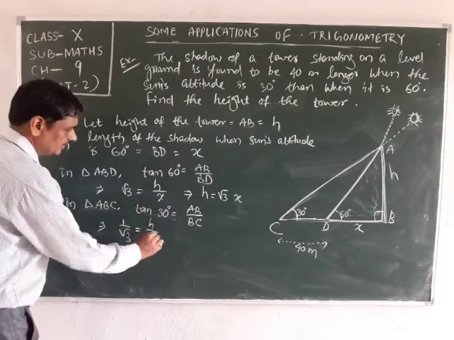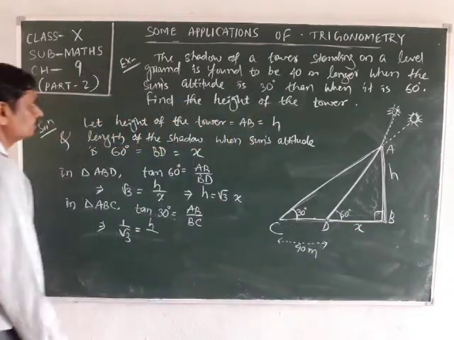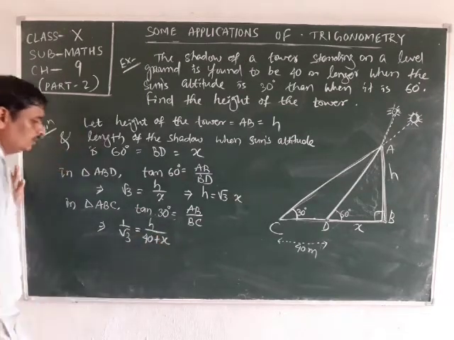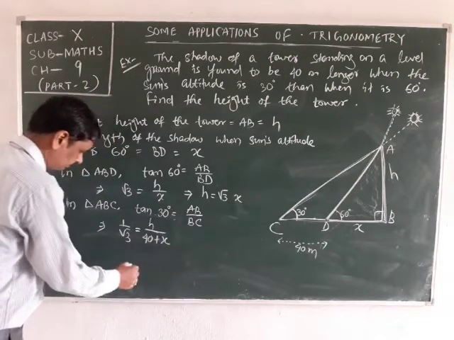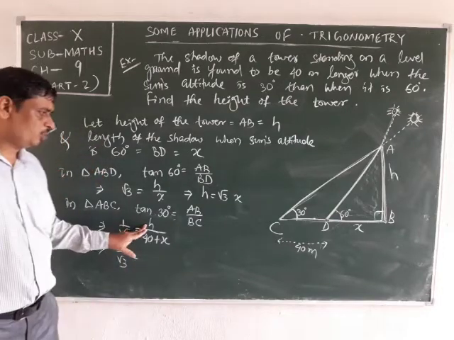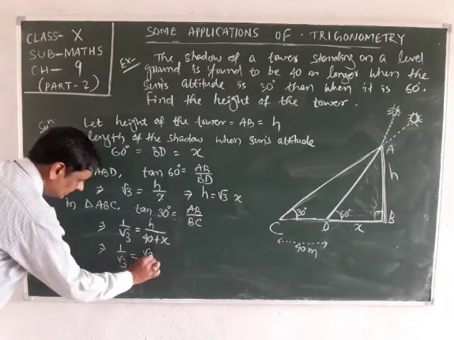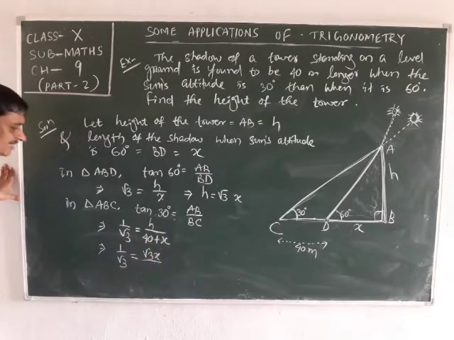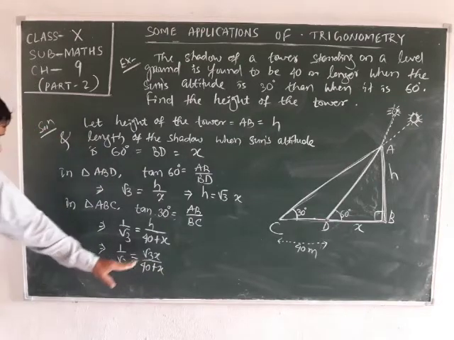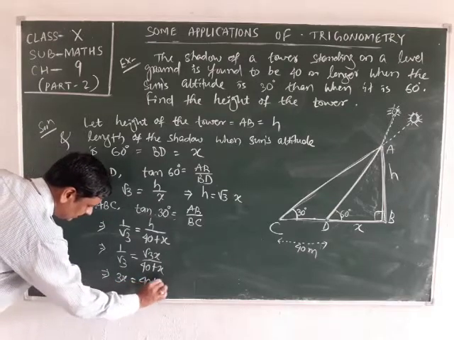AB is H, and BC is equal to 40 plus X. This implies 1 by root 3 is equal to, we can put the value of H here, that H is root 3 x, so H by 40 plus x can be written as root 3 x by 40 plus x. Now by cross multiplication, root 3 x into root 3 becomes 3x, which is equal to 40 plus x.